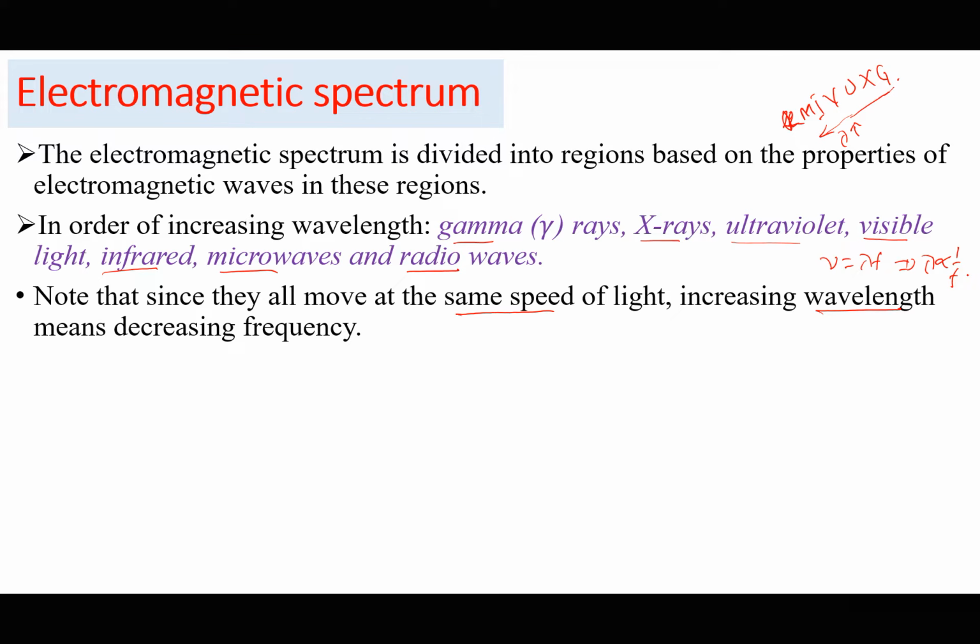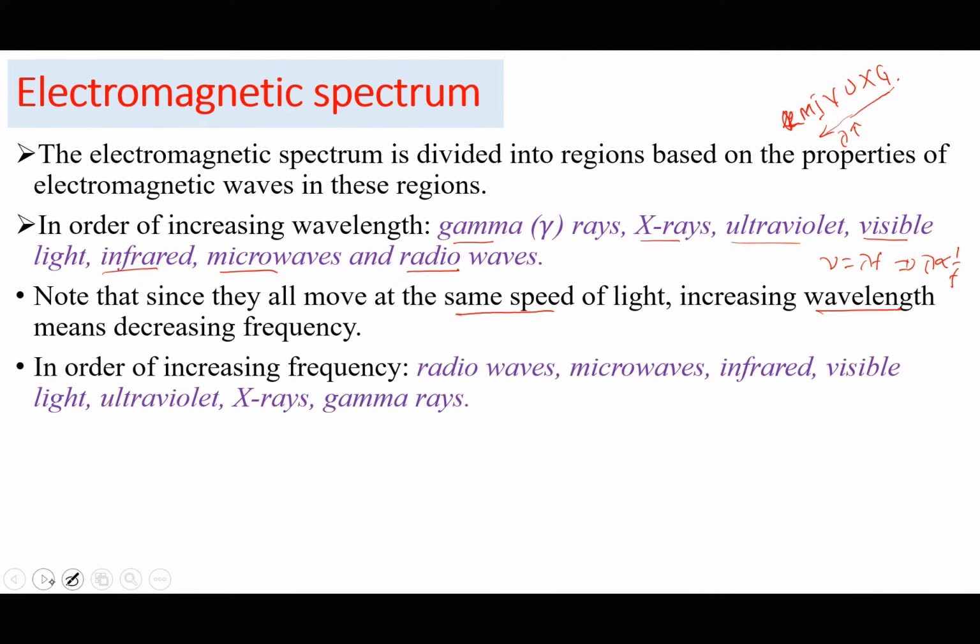So if gamma radiations have the shortest wavelength, they must have the highest frequency. If radio waves have the longest wavelength, they must have the lowest frequency. In order of increasing frequency, therefore, we start with radio waves up to gamma rays. So gamma rays have the highest frequency and radio waves have the smallest frequency.